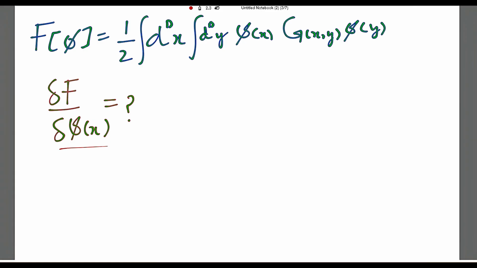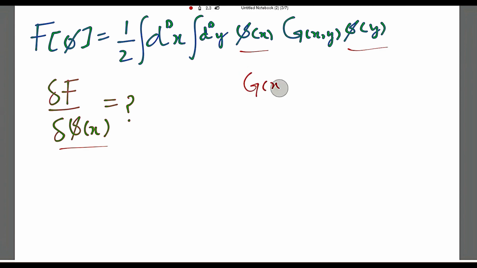In particular, if the case is symmetric, then you just need to swap x by y and you'll get the derivative with respect to phi of y, only if phi of x and phi of y appear symmetrically in the expression.